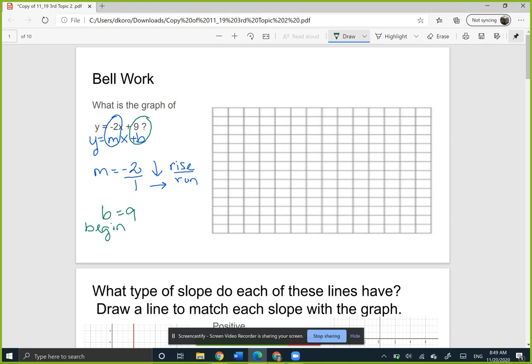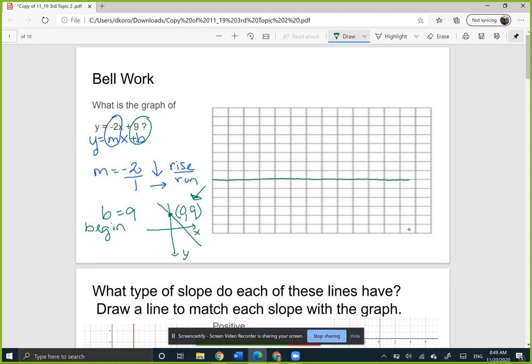So at our y-intercept, let's just review because, okay, if we have our x and y axis here, let me draw it this way. If we have a y-intercept right there, the ordered pair at that point is x is 0 and y is 9. Okay? So this is where we're going to begin at the point 0, 9.